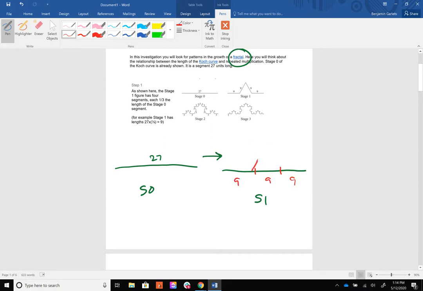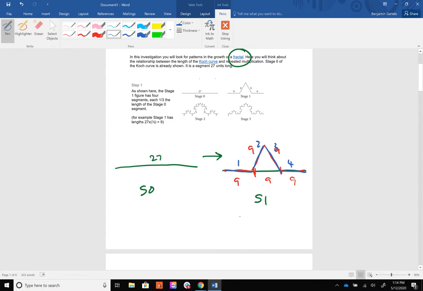But we get this point that happens that also have distances of 9. So if I look at this all together, I now have 4 segments. 1, 2, 3, 4. And they're each 9 units in distance.